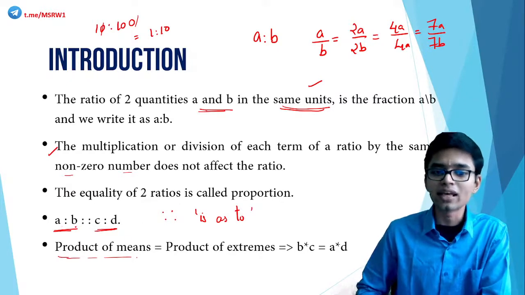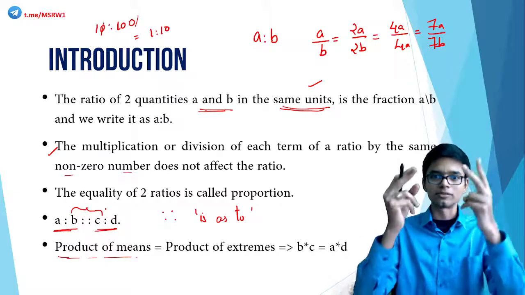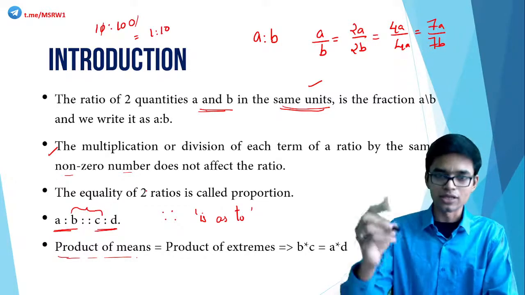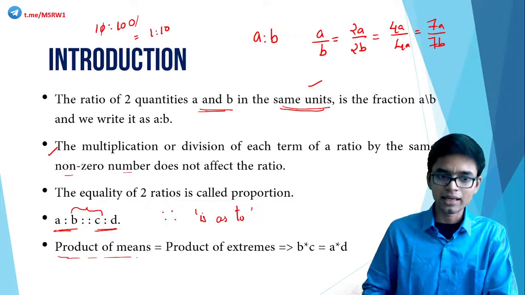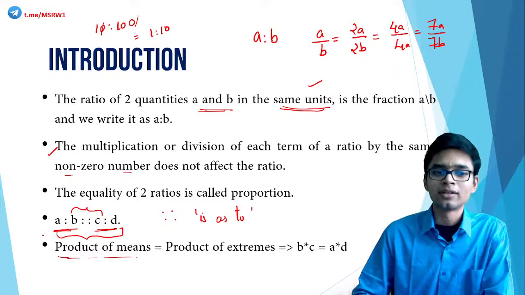So if A is to B is as to C is to D, then the product of the means equals the product of the extremes. So this is the mean, B is to C. The middle two terms, B into C, is equal to A into D, the extreme terms. Clear?